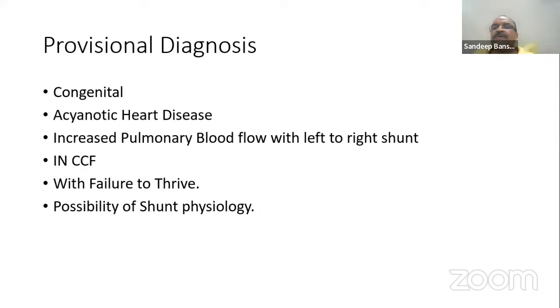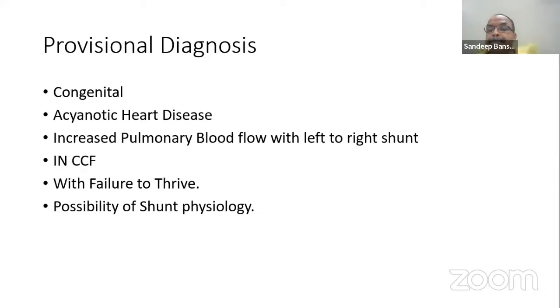Pre-tricuspid shunt or post-tricuspid shunt, and why? Post-tricuspid shunt, because pre-tricuspid shunts usually do not present with failure at an early age. And among the two post-tricuspid shunts, VSD versus PDA, which is more likely?